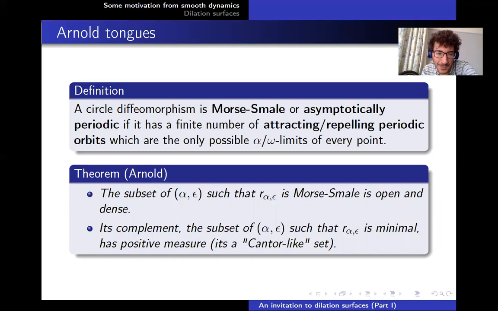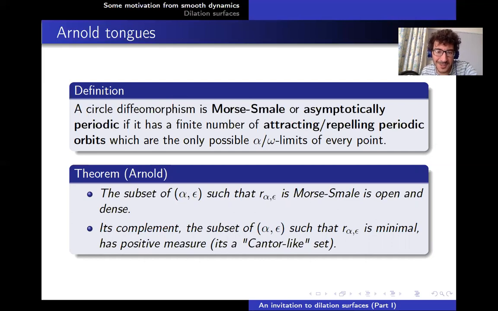It's open because of the property that I've explained, that it survives small perturbations because of this contraction mapping theorem, and it's dense because essentially rational numbers are dense in irrational numbers. And what's amusing is that the complement, which I'm not sure I've proved, but I have hinted at a proof, that shows that it's a Cantor set, has positive measure.